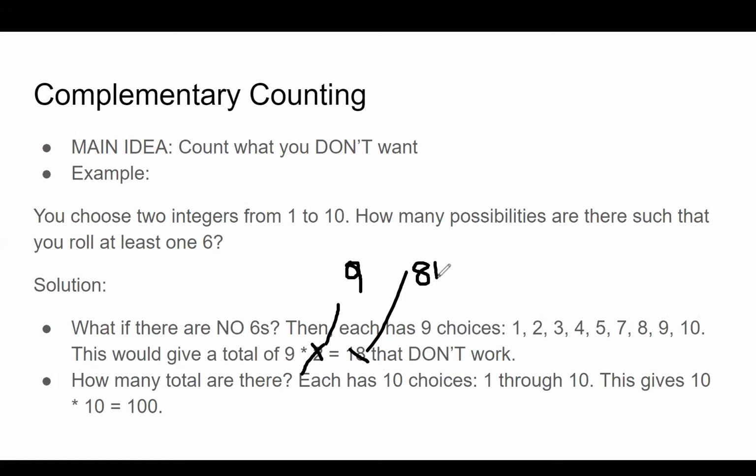I made a typo earlier. The first one can be 1, 2, 3, 4, 5, 7, 8, 9, basically anything but 6. So both of them have 9 choices, so it's 9 times 9 that do not work. And then the total is 100. These are both just complementary counting.